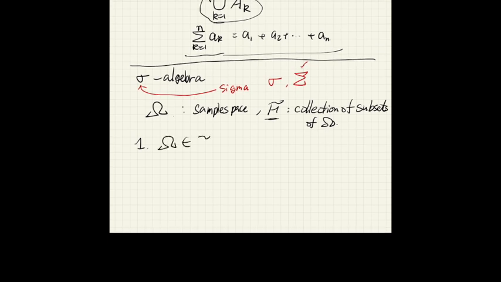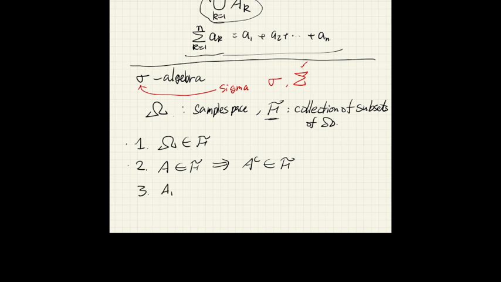One, omega is an element of F. Two, if A is an element of F, then its complement is also an element of F. And three. These two are the same as algebra. What's different is the third condition.